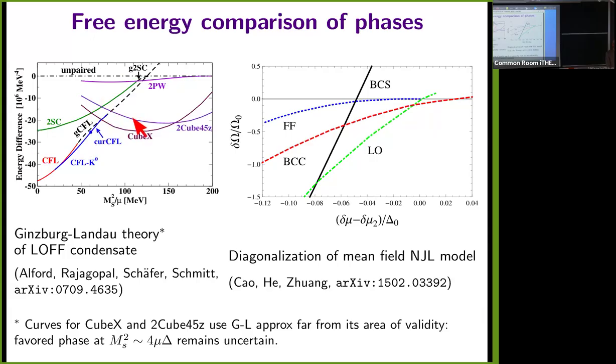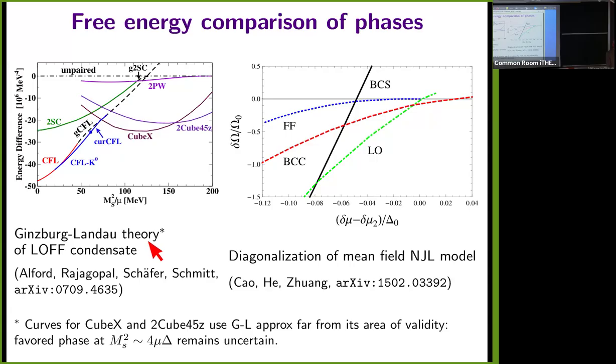So they looked like they were really going to win. So as you turned up the strange quark mass, or alternatively starting on the right-hand side, as you turn up the density, then there's a whole region where you'd have some sort of cubic crystal structure. And then finally, at very high densities, when the strange quark mass isn't important anymore, you'd switch over to some sort of color flavor locked phase.